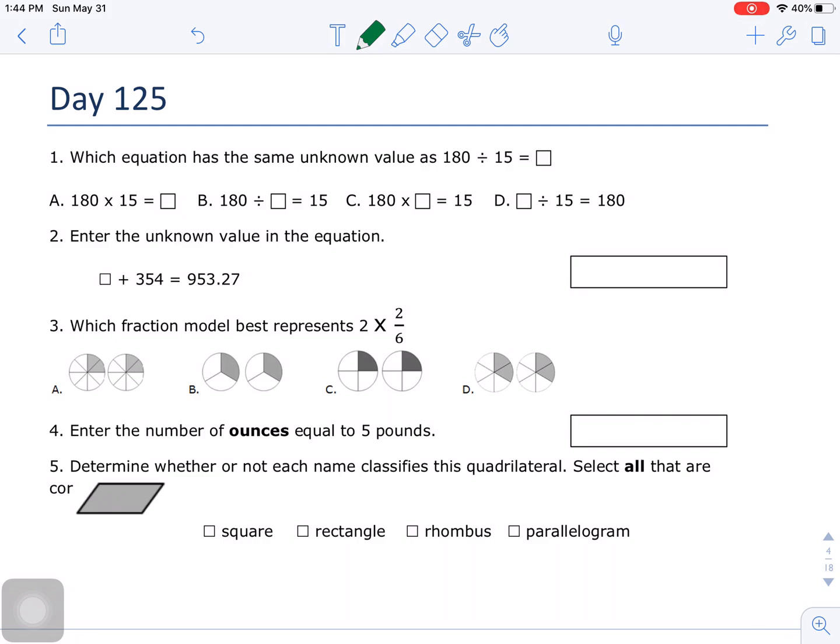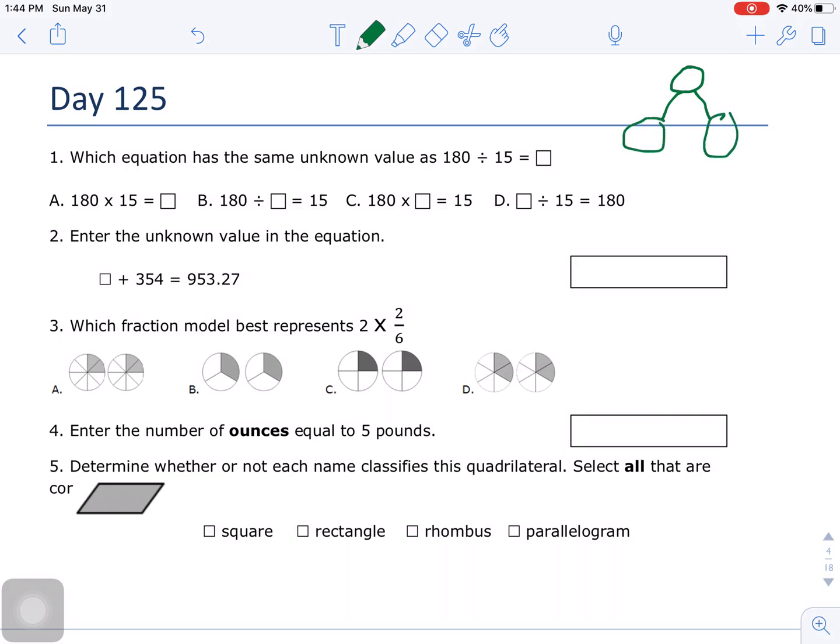Well, with these types of problems, I like just to work on what I know about mathematical properties. And what I know is, and you guys have learned this a long time ago in terms of a number bond, right?